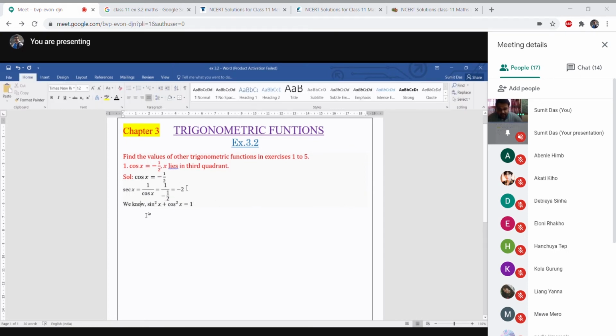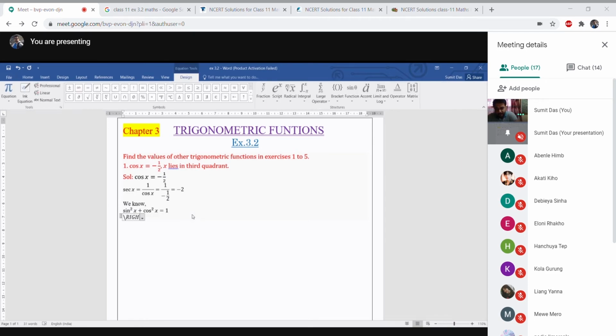So using this, sine x will be equal to plus minus square root of 1 minus cos square x.